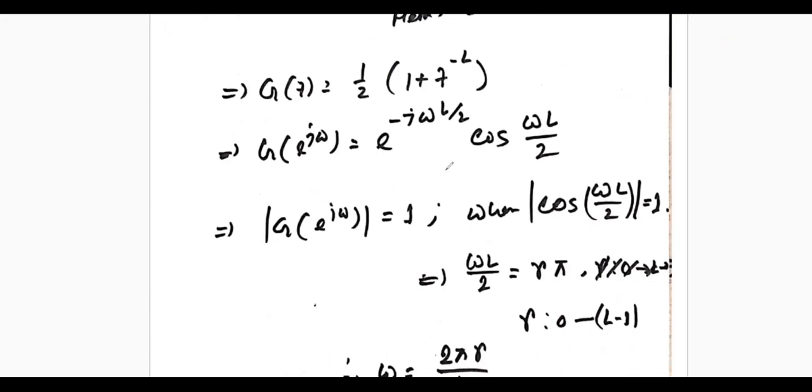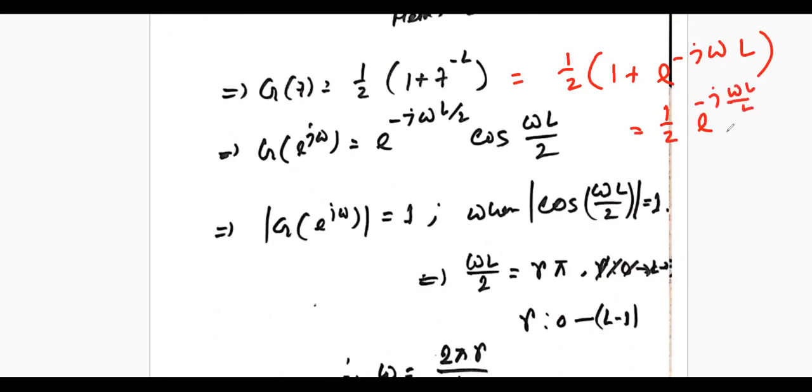This is equal to half of 1 plus e to the power minus j omega L. You can take common e to the power minus j omega L by 2, and then we have e to the power plus j omega L divided by 2 plus e to the power minus j omega L divided by 2.